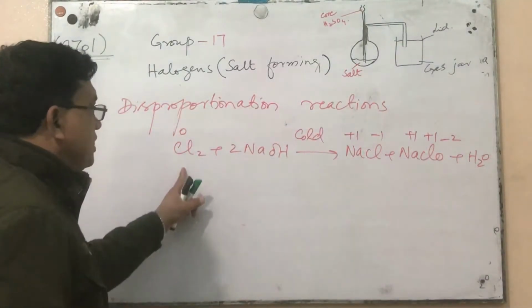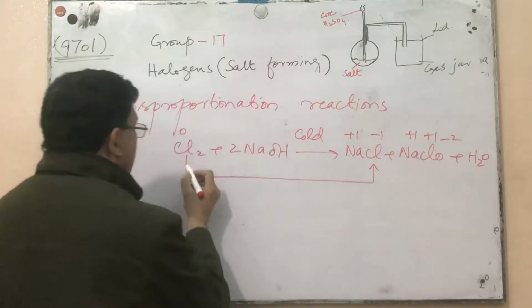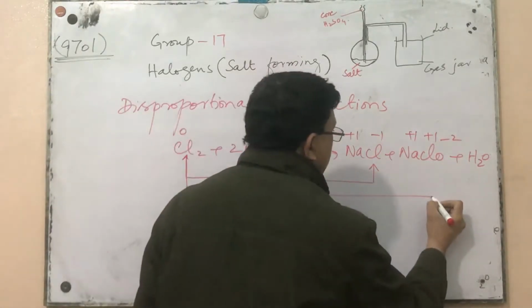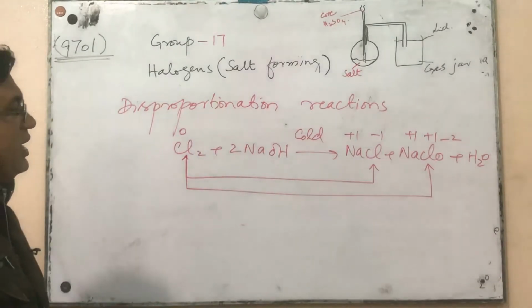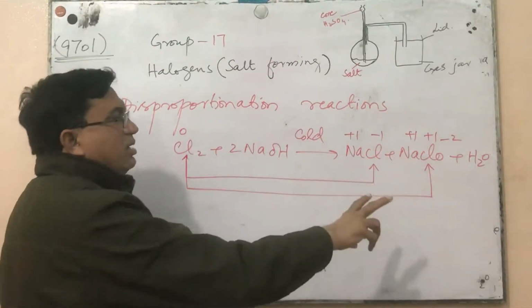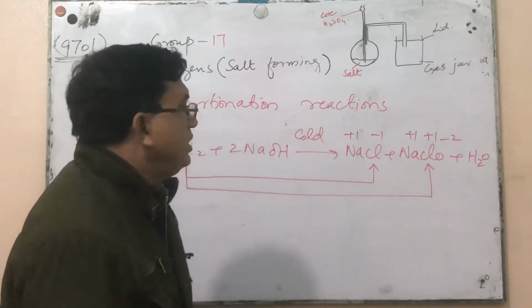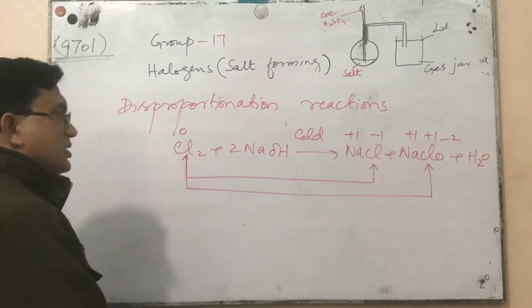It means that the same element is reduced here, but the same element is oxidized here. Such a type of reaction in which the same element is oxidized and reduced is called a disproportionation reaction.